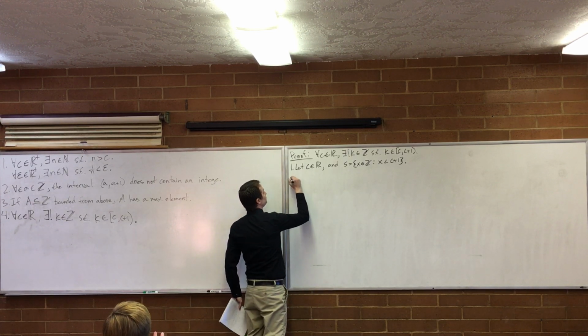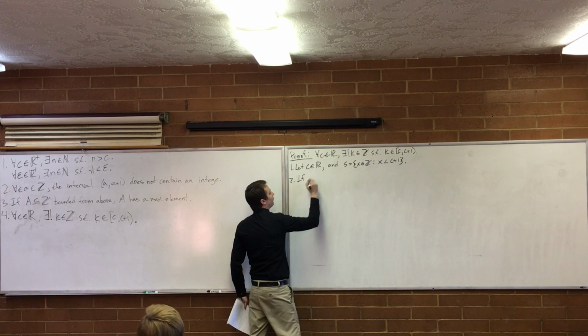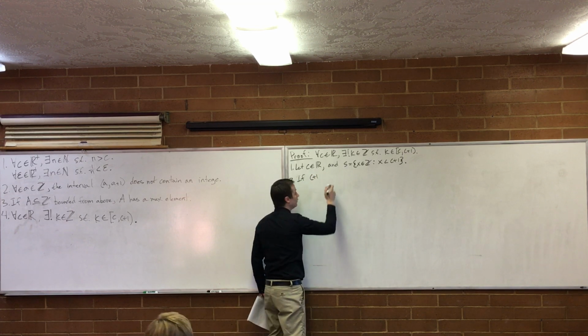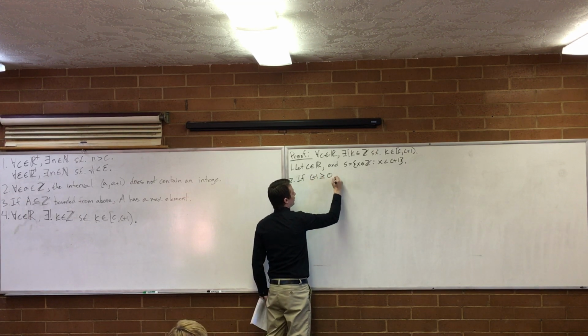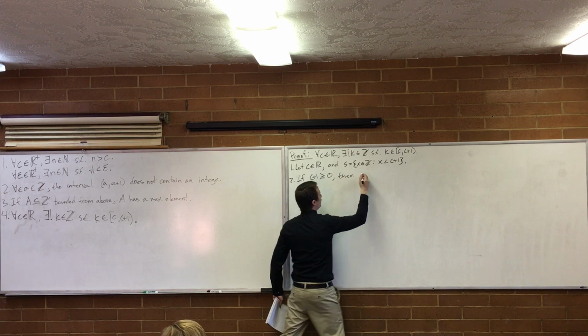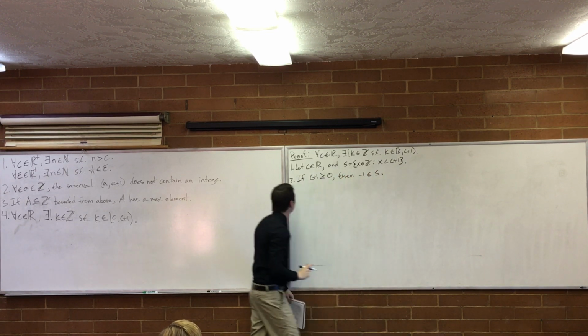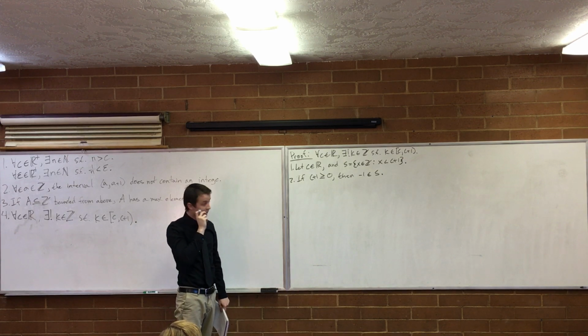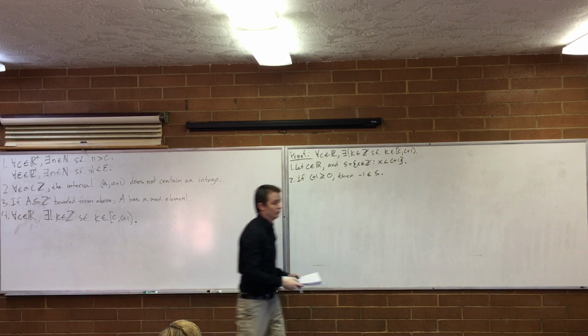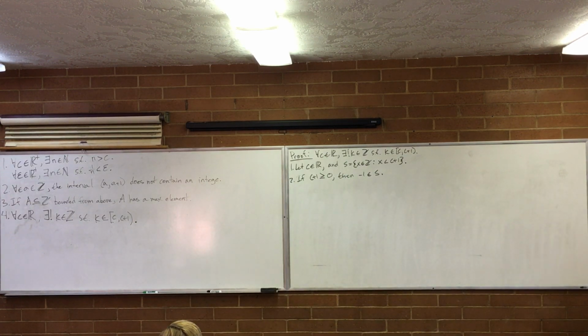So, if C plus 1 is greater than or equal to 0, then negative 1 is in S. Good? Yeah. So I'm going to handle the two cases. C plus 1, you either pick a positive or a negative number.